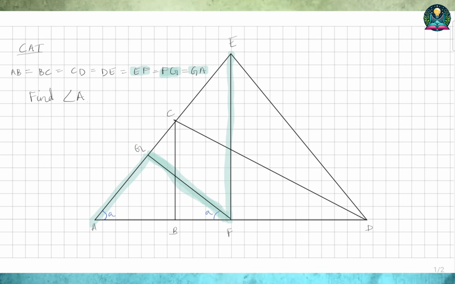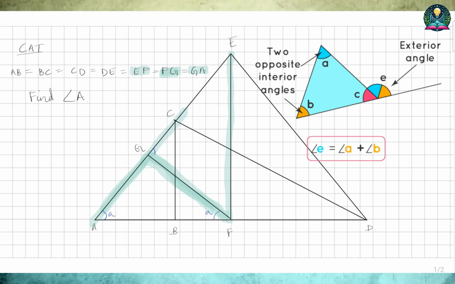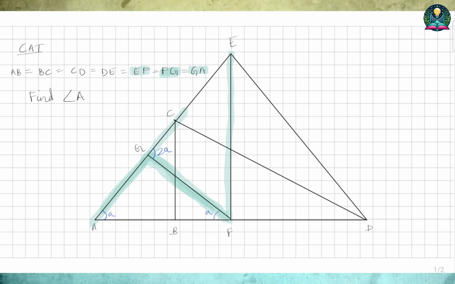Here we know that angle CGF is the exterior angle of triangle AGF. So that would mean angle CGF is 2A, A plus A, 2A. And because triangle FGE is an isosceles triangle, we know that angle FEG is 2A.